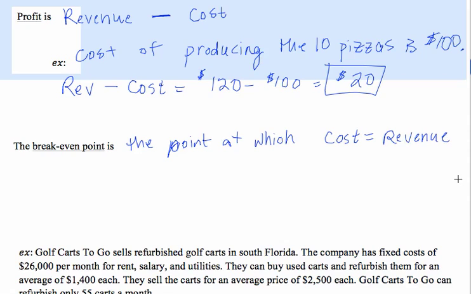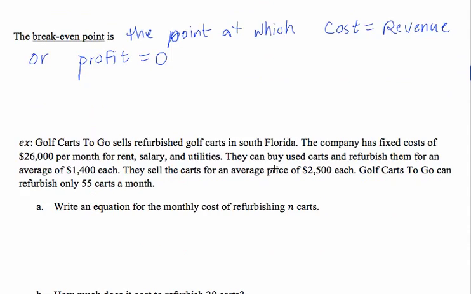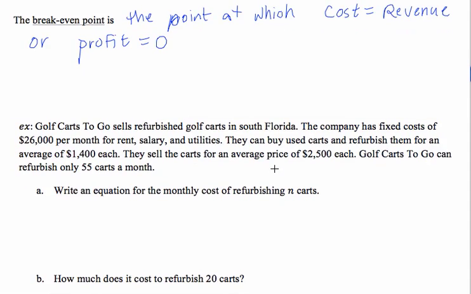You don't really want to be at that break-even point ever as a business person, but you want to know where that break-even point is. Another way to think about it is it's where your profit equals zero. Because if your cost is higher than your revenue, then you're losing money. You're below the break-even point. And if your revenue is higher than your cost, then you're making money. So the break-even point is that middle amount there. Okay, so let's look at an example.